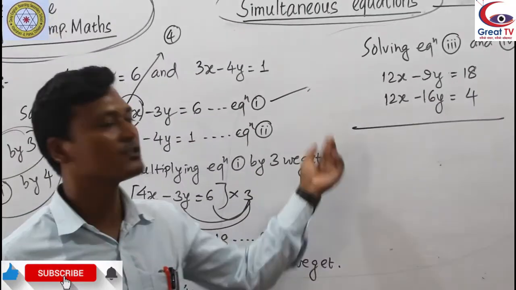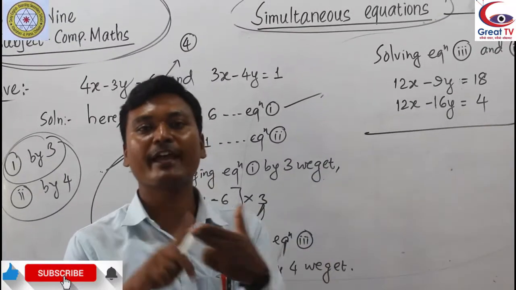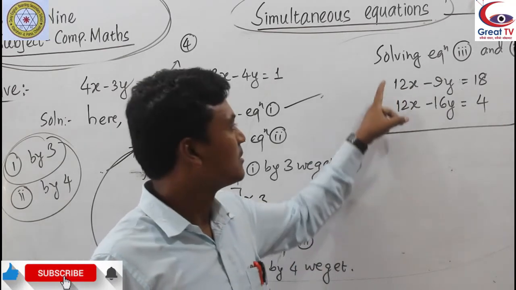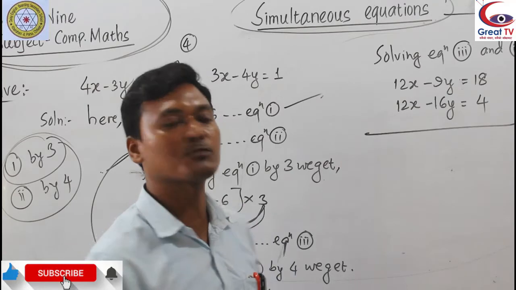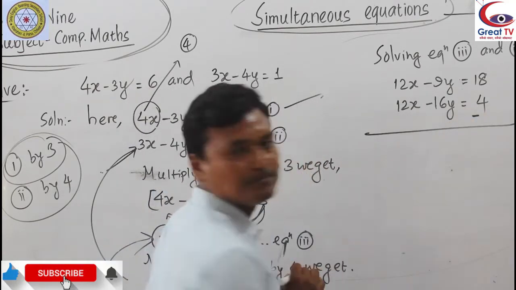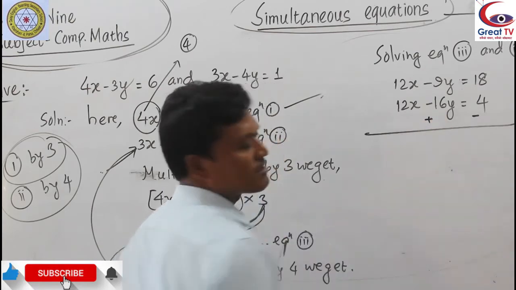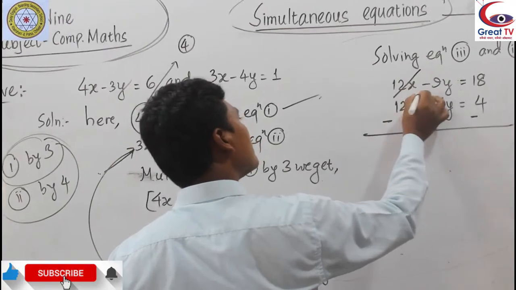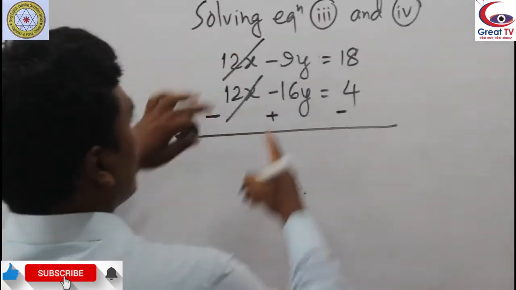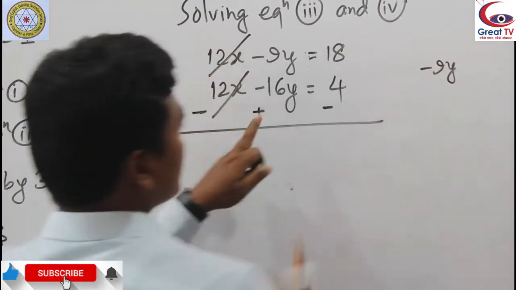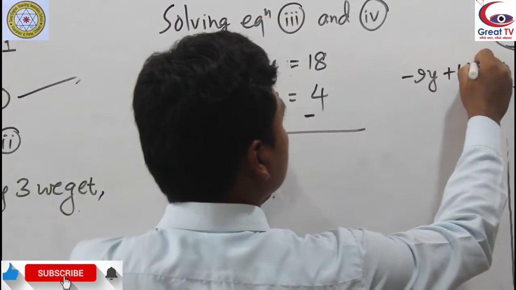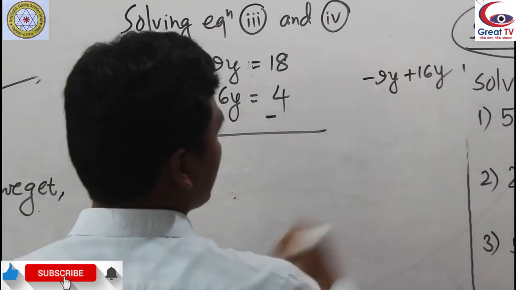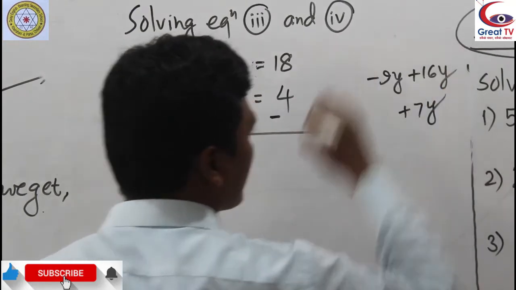We are eliminating the x variable. Now, should we add or subtract? Here both 12x are positive, so they will not cancel, so we need to subtract. Here plus 4, so minus 4, and minus 16y becomes plus 16y, and plus 12x minus 12x cancelled. Now minus 9y plus 16y, it is plus 7y.